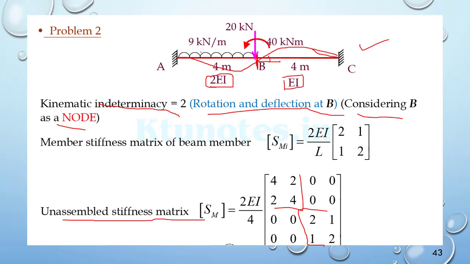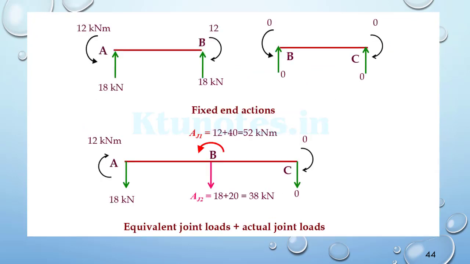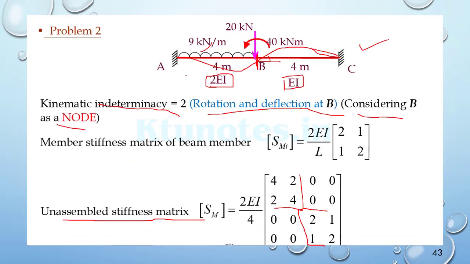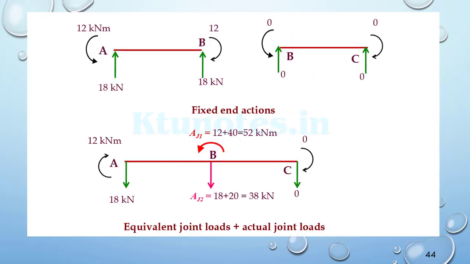For the UDL, we have WL square by 12, and for the right side, we don't have any loading. This load is exactly on B, and this moment is also on B. So we only need to convert the UDL to the equivalent joint load. On the left side there will be the moment as well as the reaction, and for the right side there is no contribution from the loads acting other than at the joint.